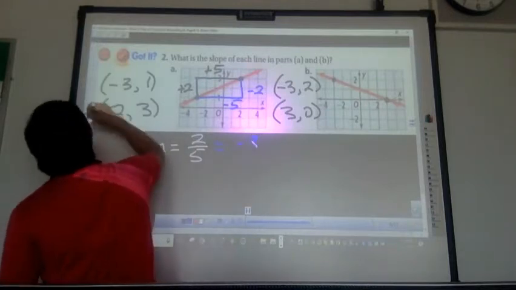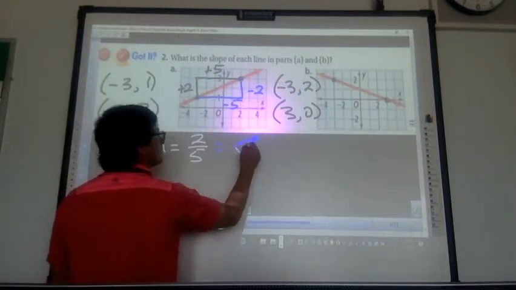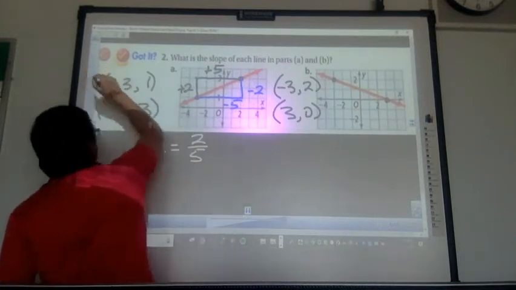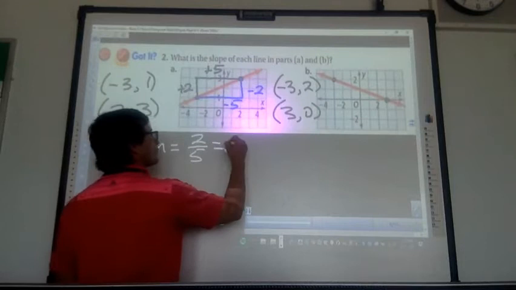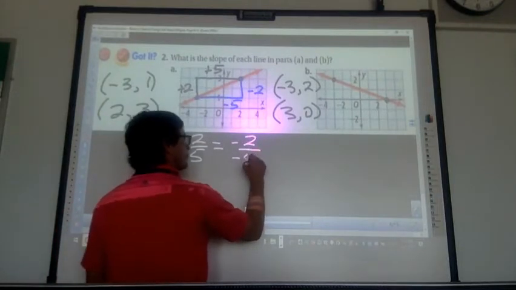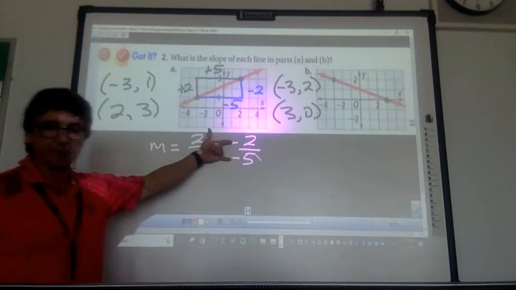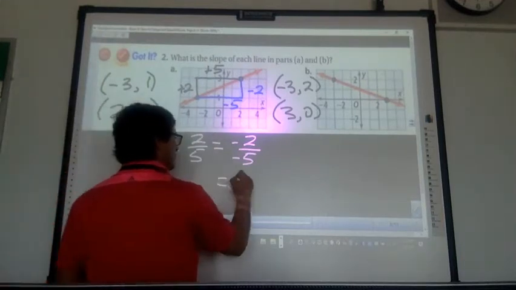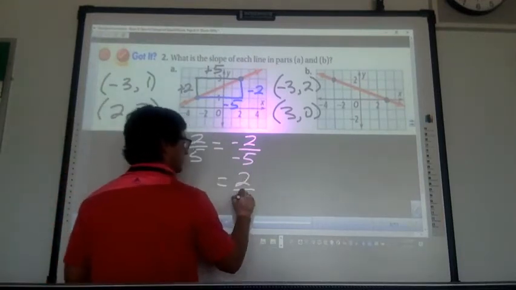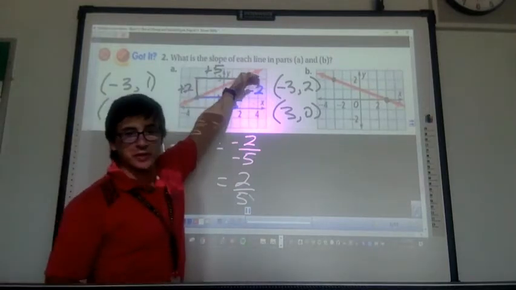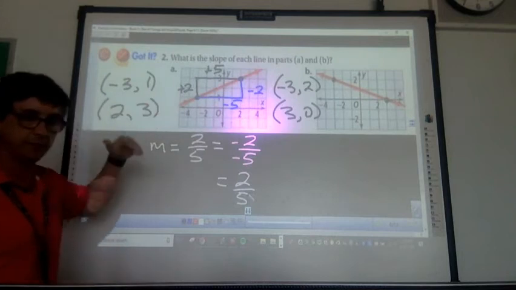Let me write it in white so you can see it better. So if you have negative 2 over negative 5, the negatives cancel. So you get 2 over 5. So again, regardless of which way you count, you get the same slope.